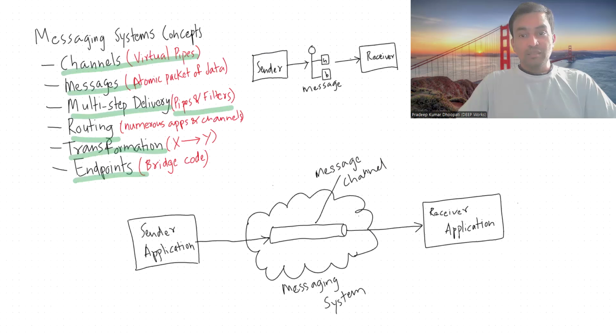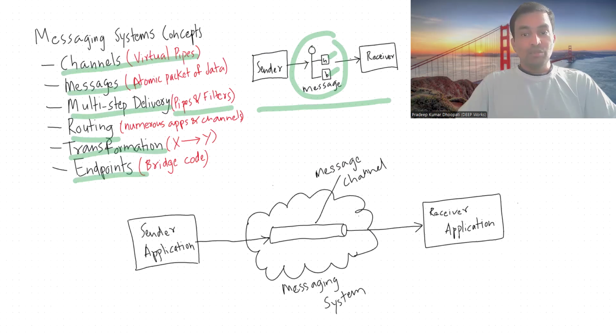And here in this simplest diagram, this is how a sender will send a message to a receiver, and the message will look like this. It will have a header and a body. The header of the message is metadata, which is usually used by the messaging system, which includes the origin of that message, the destination of that message, and other necessary filter information needed by the messaging system to route that message to the right receiver.